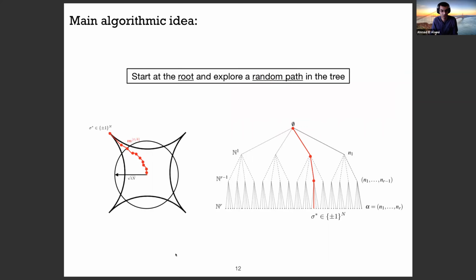There's a geometric picture as well, which is the mirror of this abstract idea of a tree. You start from the origin of the cube, or the origin of R^n, and then you build a stochastic path that will at some point converge to one of the extreme points of the cube. And this path will be controlled in a certain way. It's a controlled diffusion, and I'll show you how it is controlled.